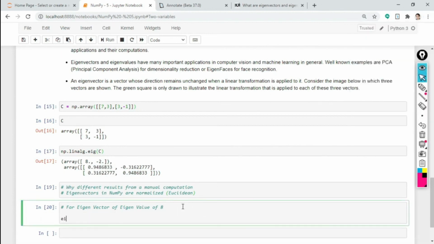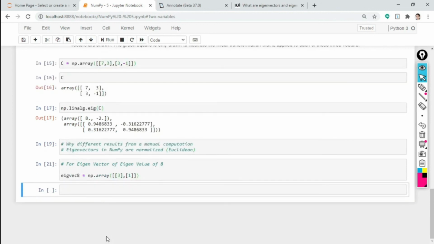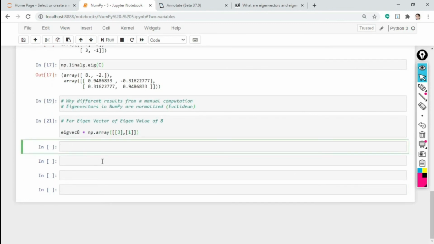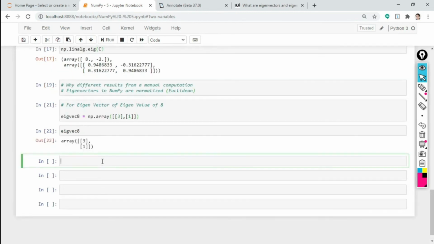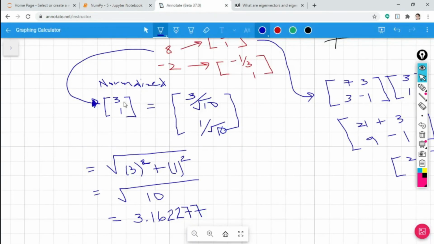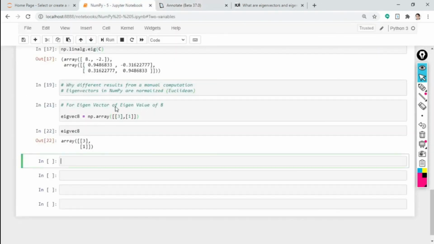For example, the eigenvector of 8 is equivalent to np.array. This one is the eigenvector of 8 based on our manual computation, 3, 1 again.